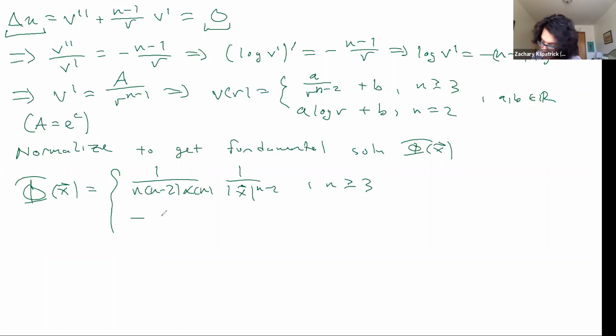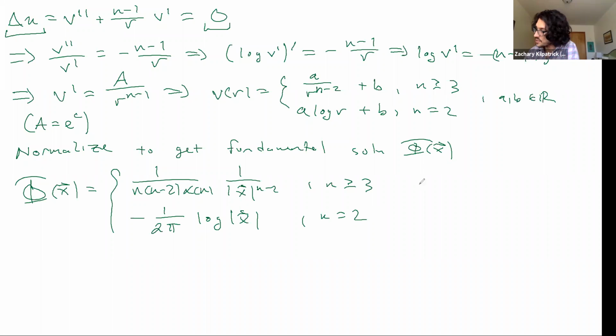And then minus 1 over 2 pi log of x for n equals 2. And so what happened to the constants? Well, if I want this thing to be integrable over Rn, then I can't have a constant because then the integral would blow up. So I have to drop the constants because of that.